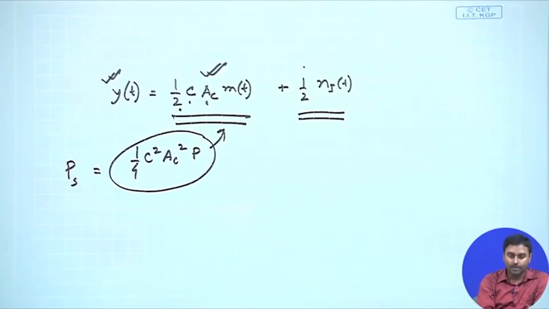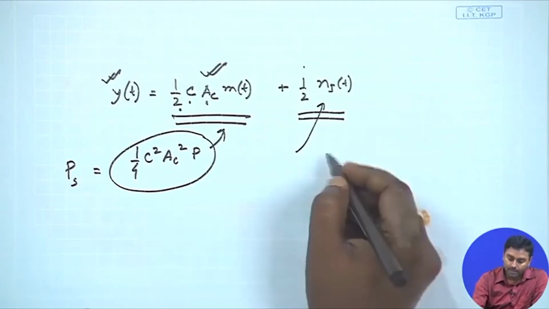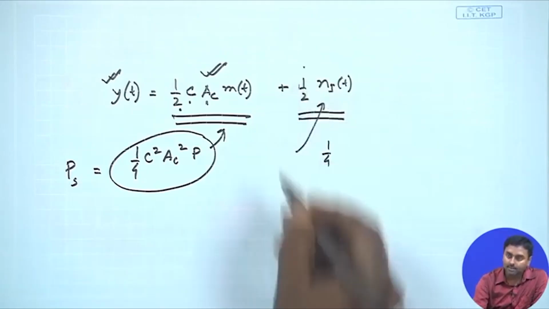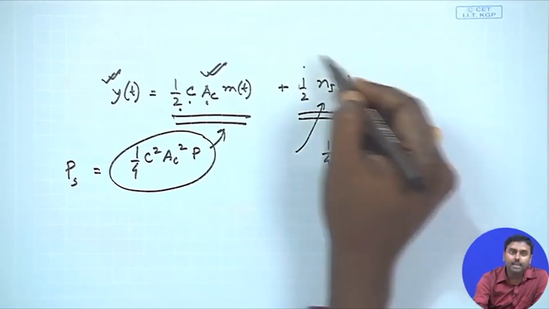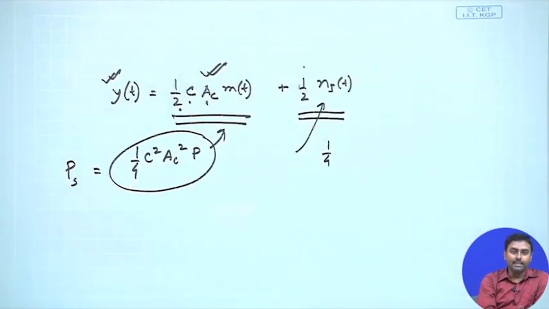Now, I have to get the noise power, which is nothing but 1/4, because there is a half, times the integration of the power spectral density of Ni. This is something we have already characterized in our band pass random process analysis.